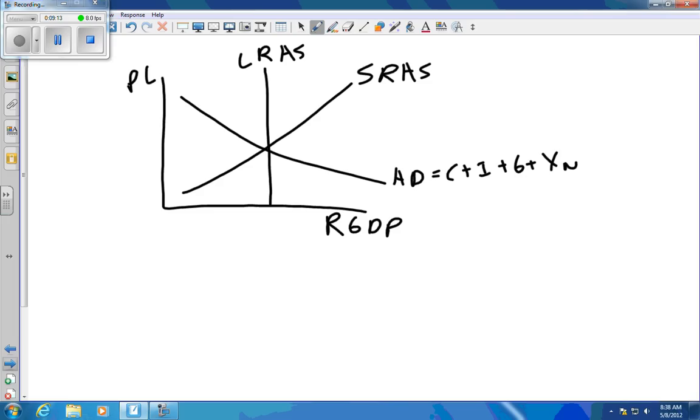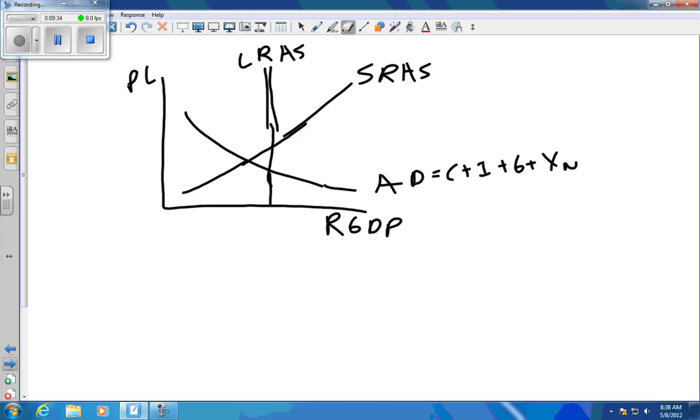If for some reason they ask you, they have the economy and they say, instead of drawing this one here, let's just say they start us in a recession, just to switch it up a little bit. So I'm over here. Okay, so there's my aggregate demand. I'm over here. You can see I'm in a recession. Okay, and that should look a little prettier, I understand. Okay, more or less, right? So long-run aggregate supply, you're here.